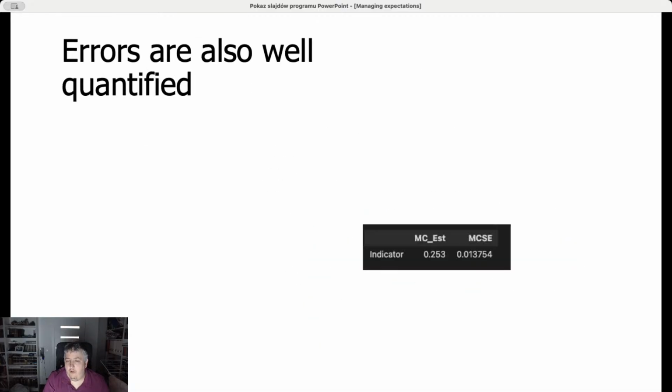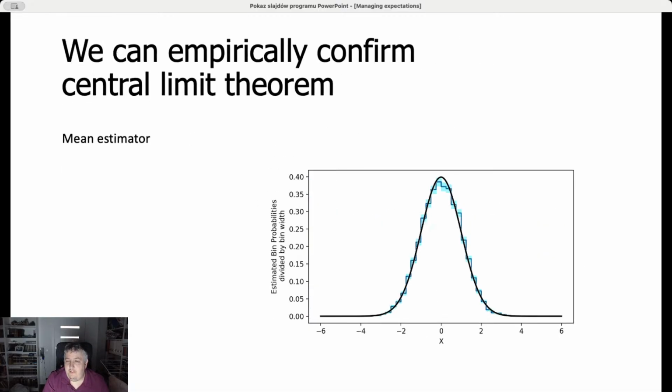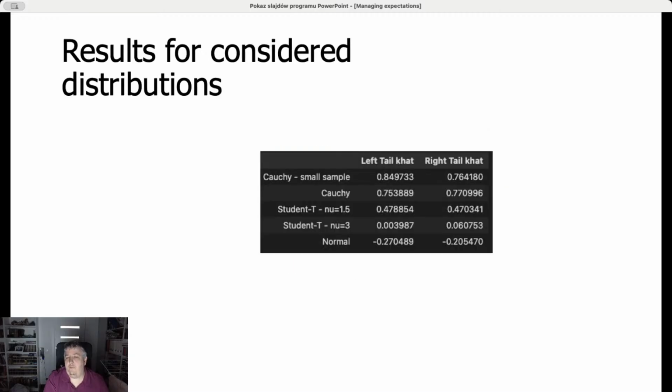Depending on the small samples, k is even larger. In the case of larger samples, it drops a bit, but is still well above 0.7. For the Student t distribution with 3 degrees of freedom, we have k hat close to 0, which is completely acceptable and without any issues.